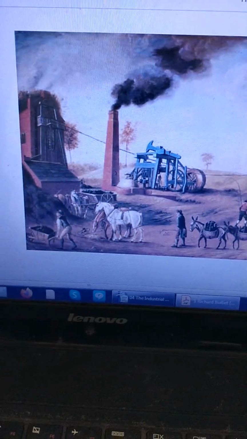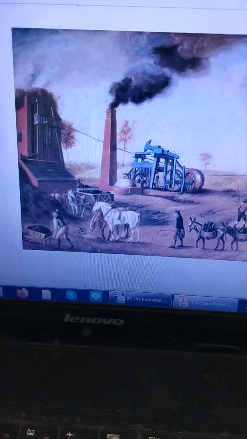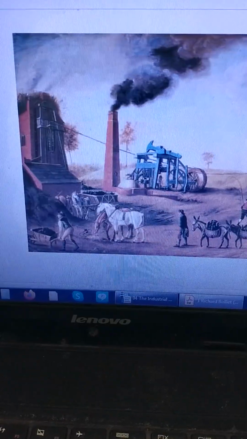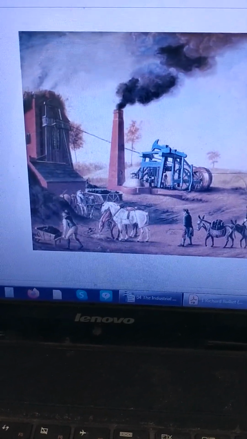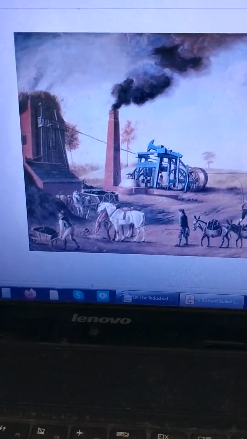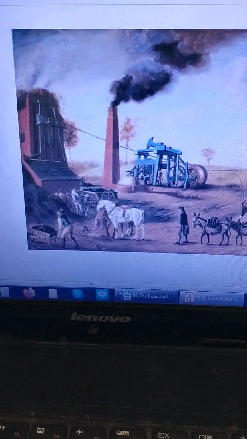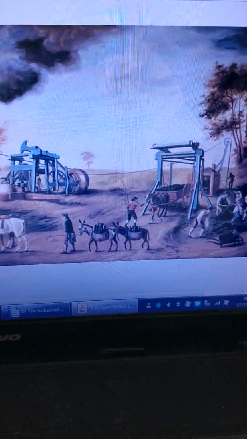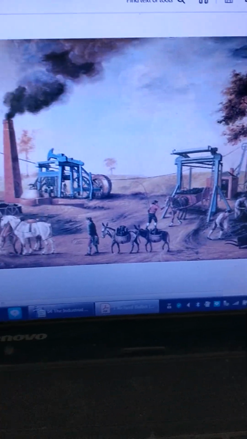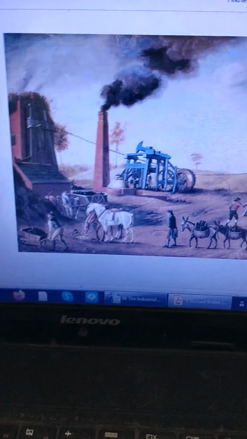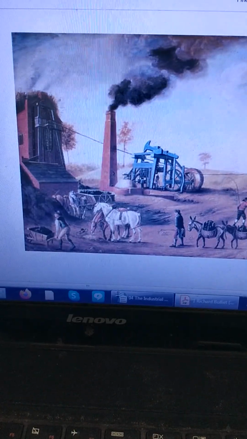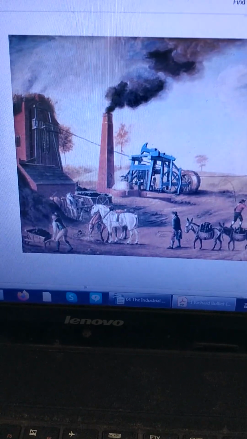What type of labourers? Always think of capital and labour in social terms. Don't think of them in mathematical terms or supply and demand curves. We're talking about real human beings. Okay, so what sort of labour is required? Okay, and then we've got, what does the picture show about technology?